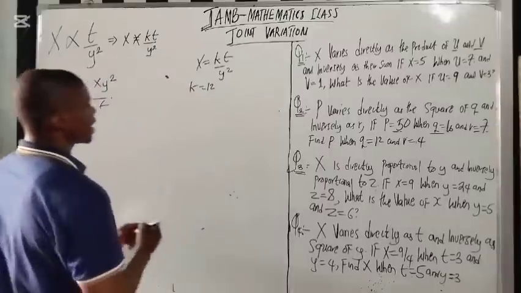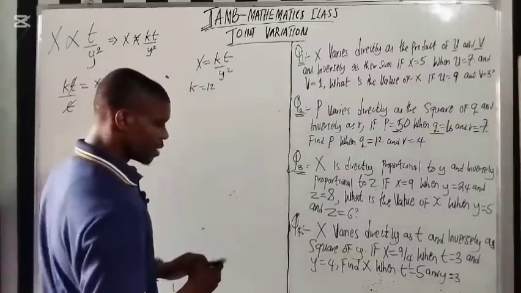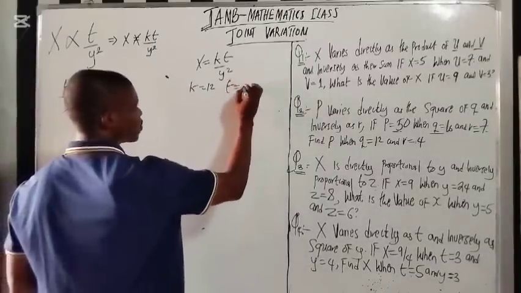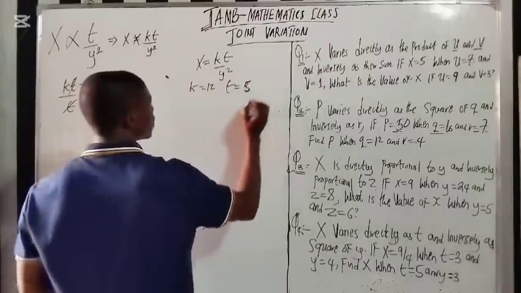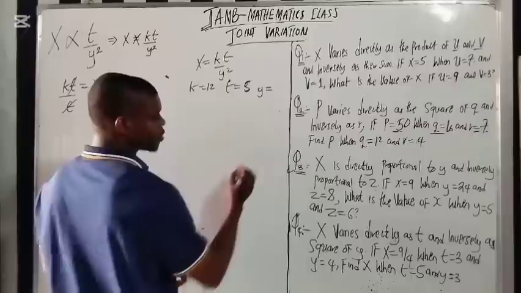So my k equals 12. Where's my T? My T is 5. Then my Y is 3.